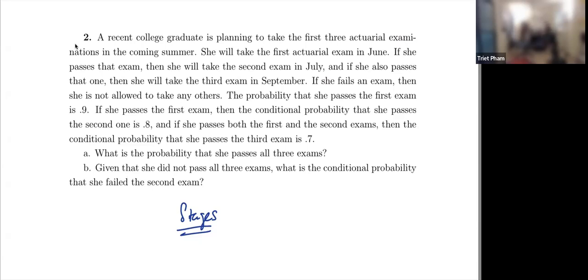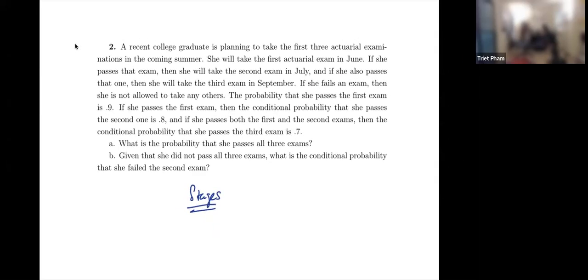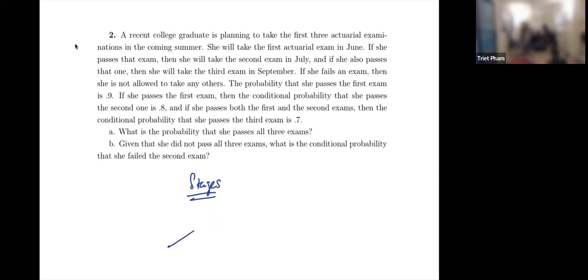It's just a tool. Use it appropriately. But here, we're okay. For example, we have the first exam, where the probability she passed the first exam is 0.9. So pass, not pass. And if she passed that exam, she will take the second exam.